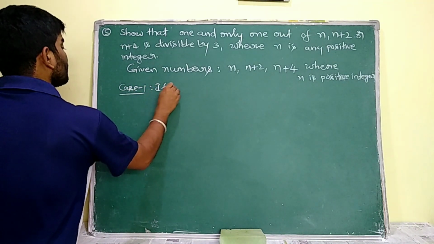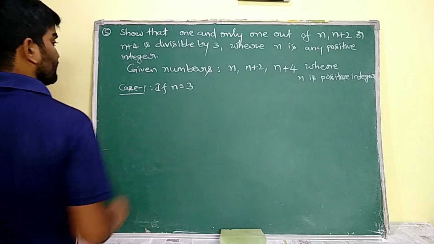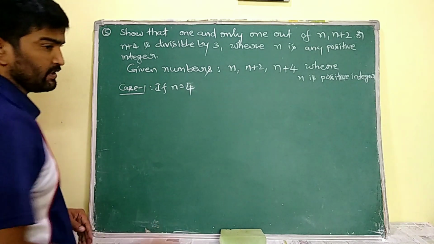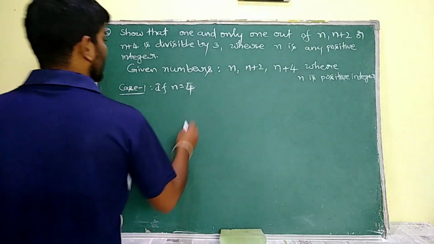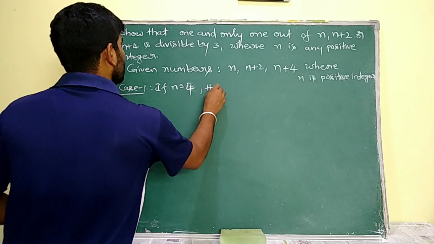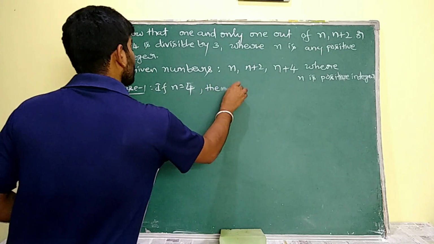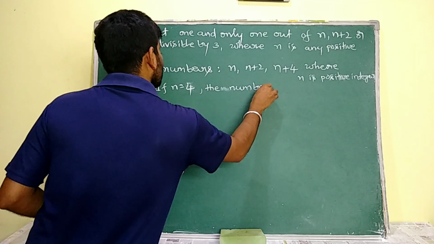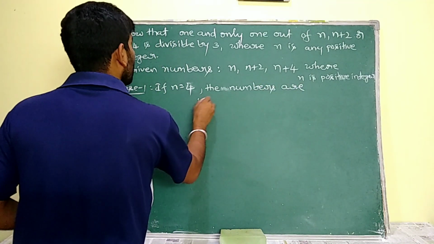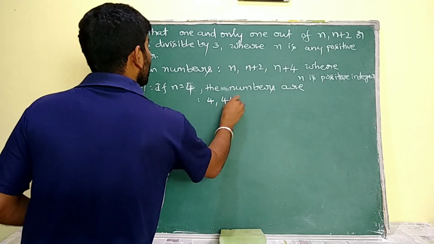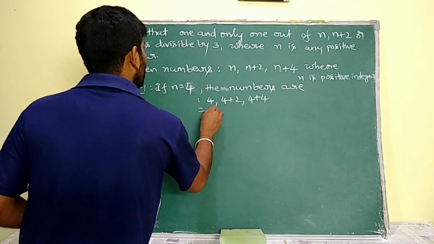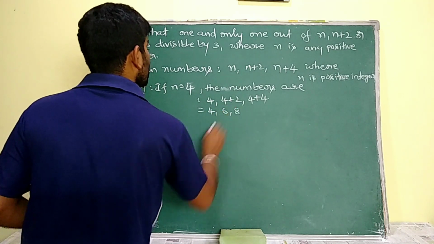If n is equal to 3 or n is equal to 4, that's your wish. You may take any value for n. For n is equal to 4, the numbers are 4, 4 plus 2, 4 plus 4, that is equal to 4, 6, 8.